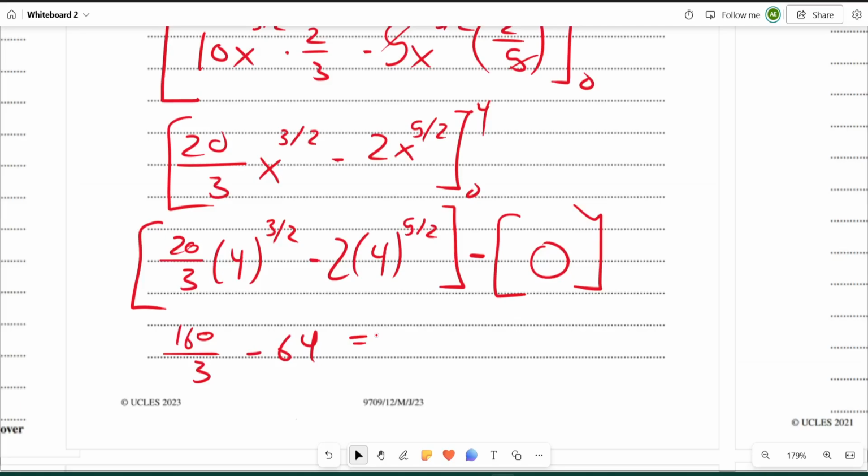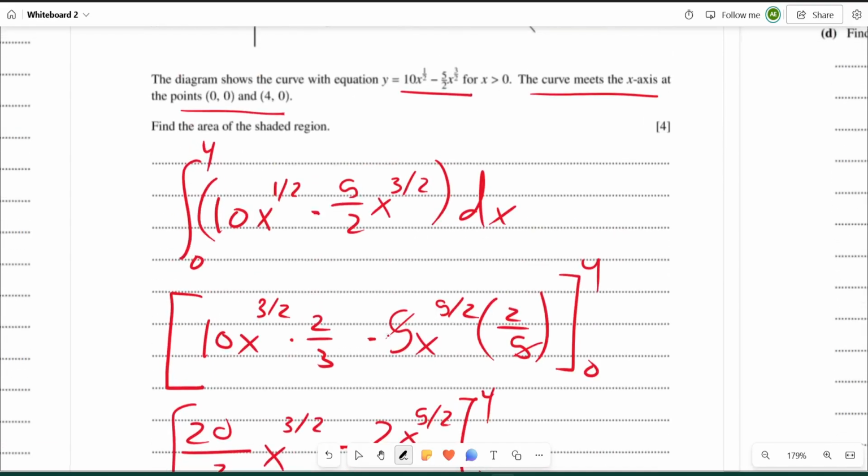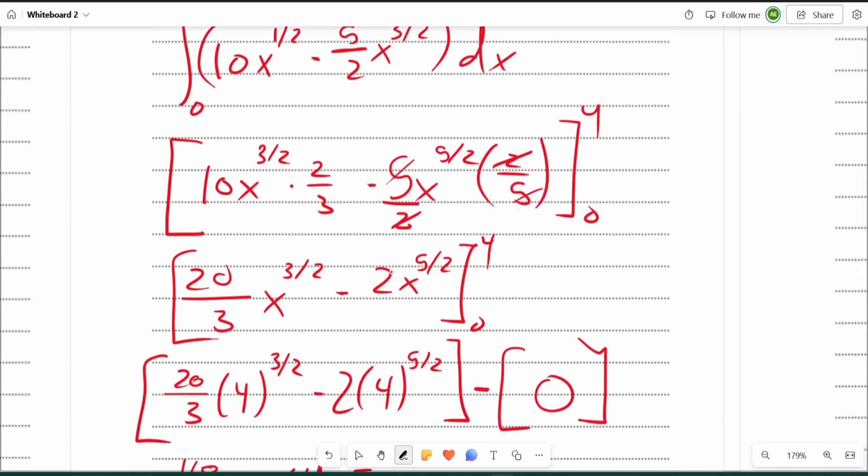Subtracting them from each other, 160 over 3 minus 64 is going to give me an answer of... yes, there was a mistake over here when I forgot to copy this correctly. This is 5 over 2, so the 2 will also cancel. So here there will not be a 2, and here there will not be a 2.